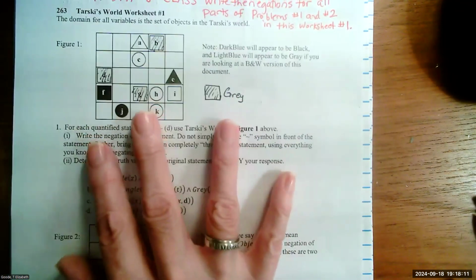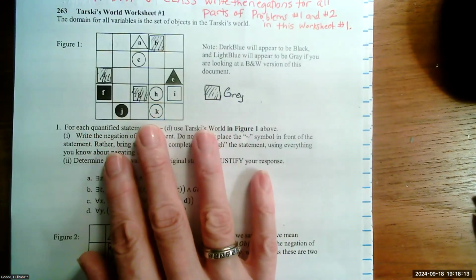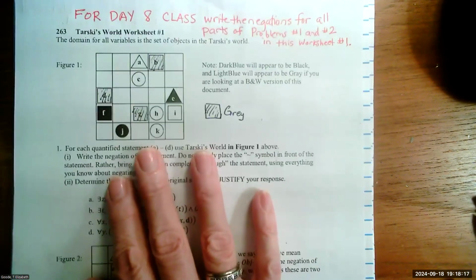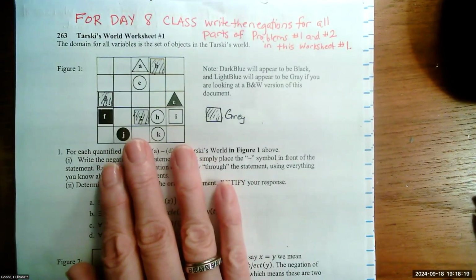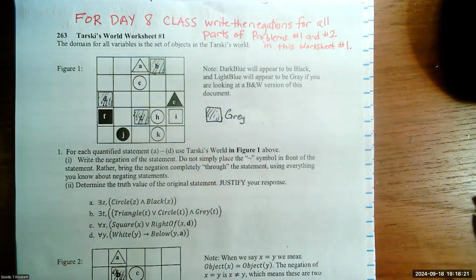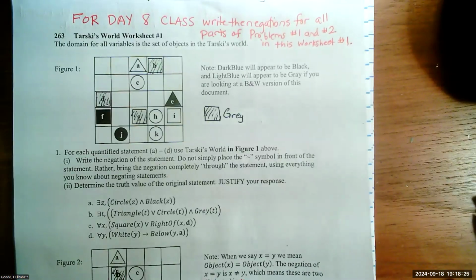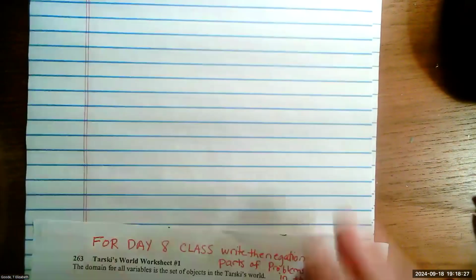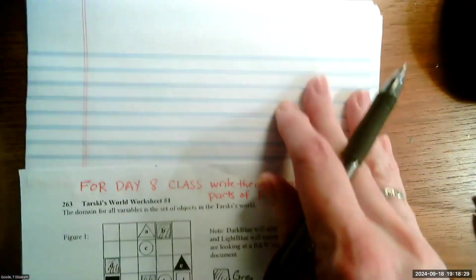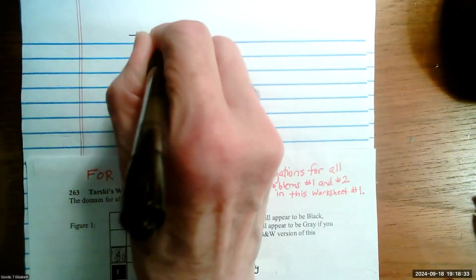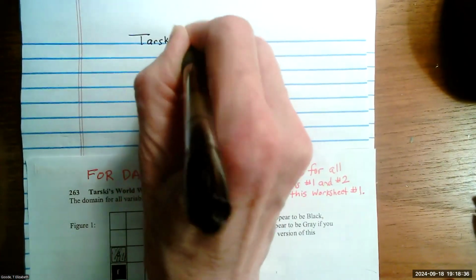But let's first talk about Tarski's world, because it's really important that we understand how Tarski's world works, okay? So I am going to write this next page of notes, because I think it's worth talking through these next notes. These next notes are just about Tarski's world and how it works.